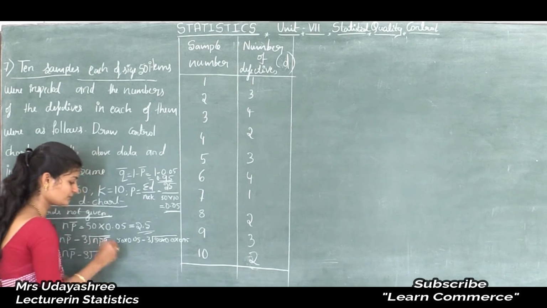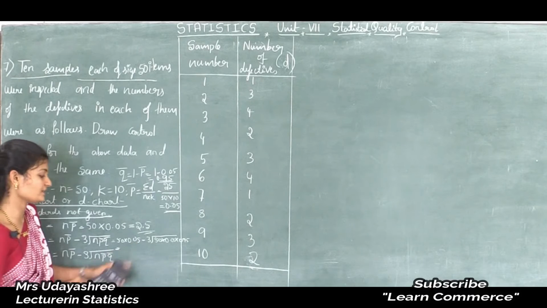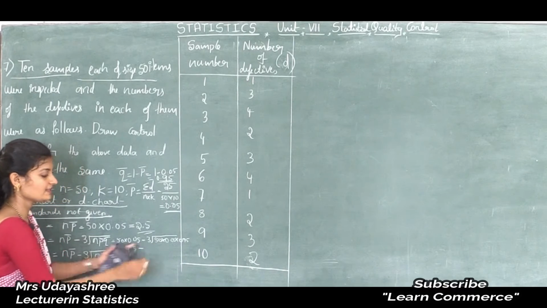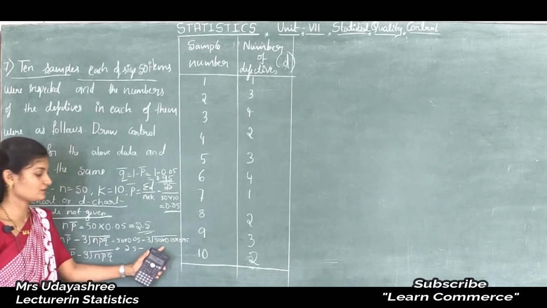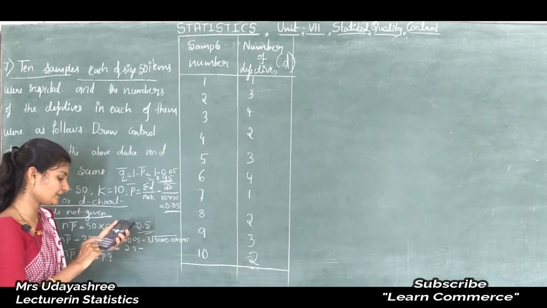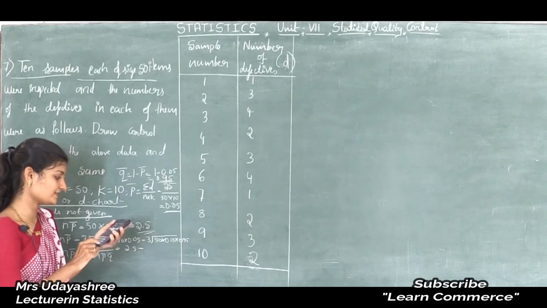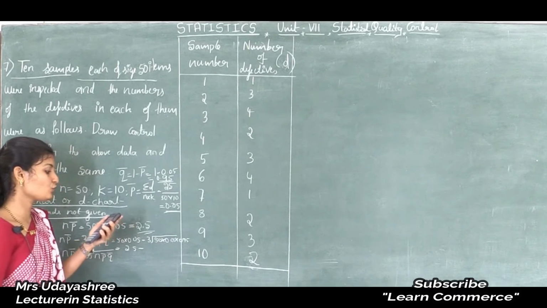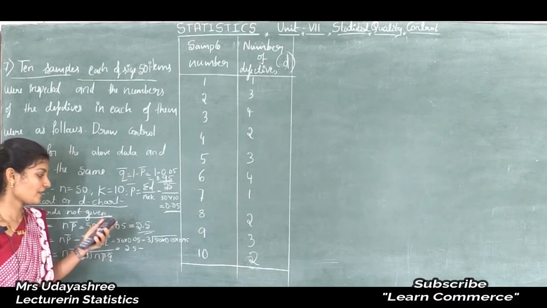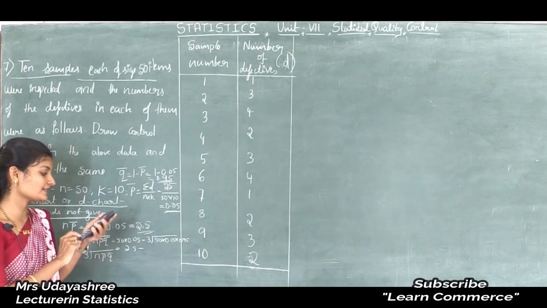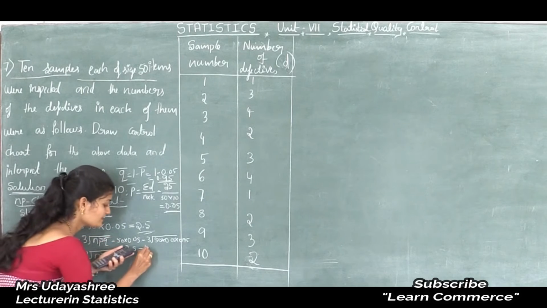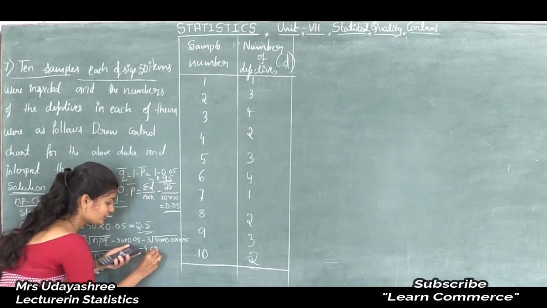This is equal to 50 into 0.05, that is 2.5, minus 3 into square root of, first multiplying these observations, 50 into 0.05 is 2.5, into 0.95 is 2.375, then the square root of that answer into 3 is 4.623.